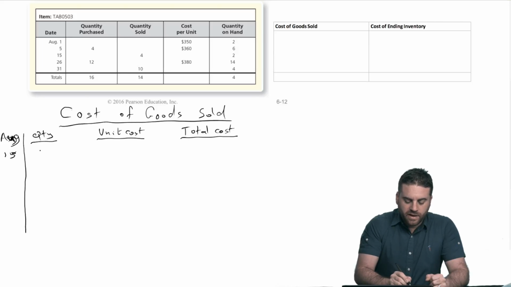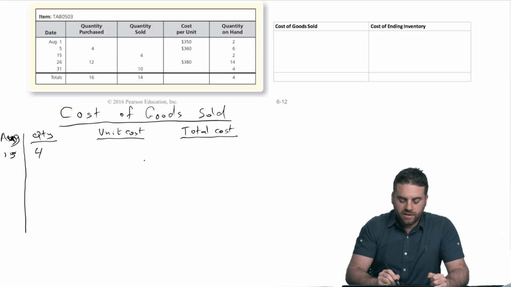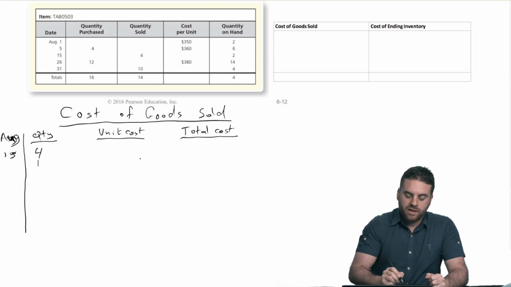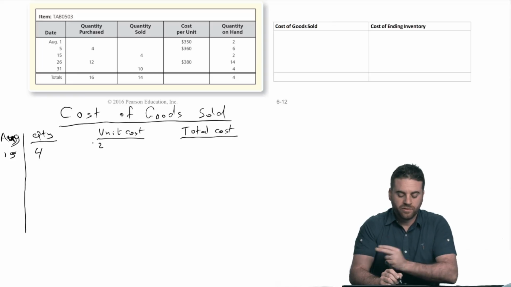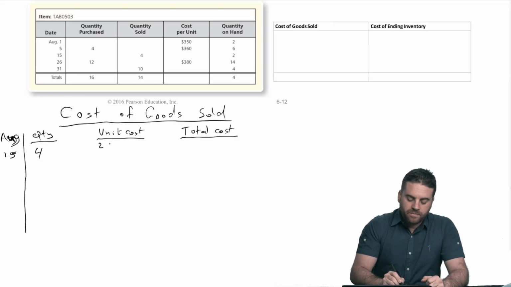The quantity we sold out were 4 units, and then the unit cost is, I have to break the 4 units down into 2 plus 2, because every couple of units has a different cost.